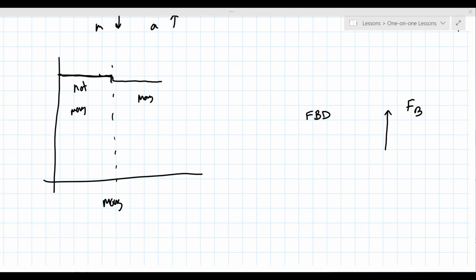What is F_BU? The downward force on section A. They're saying the rope is massless, so the force pulling down on it opposes the force that's going up on it.